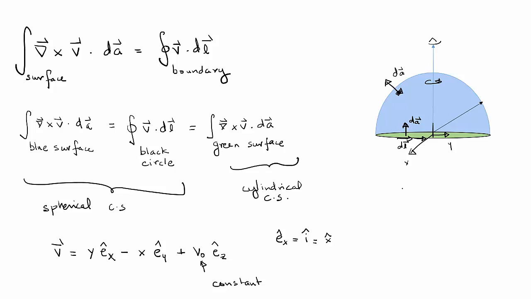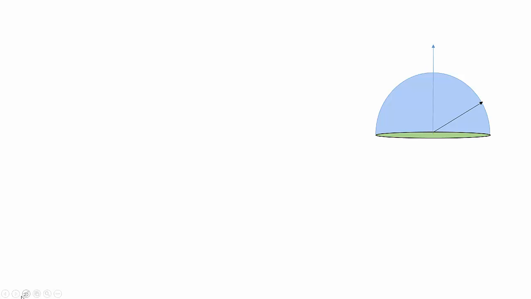It's a quick check that in Cartesian coordinates, and you should check this, the curl of V is minus 2 k hat. Already I'm using k hat here versus e_z, but you should know by now that they are exactly the same object. Okay, so let's start actually computing integrals.